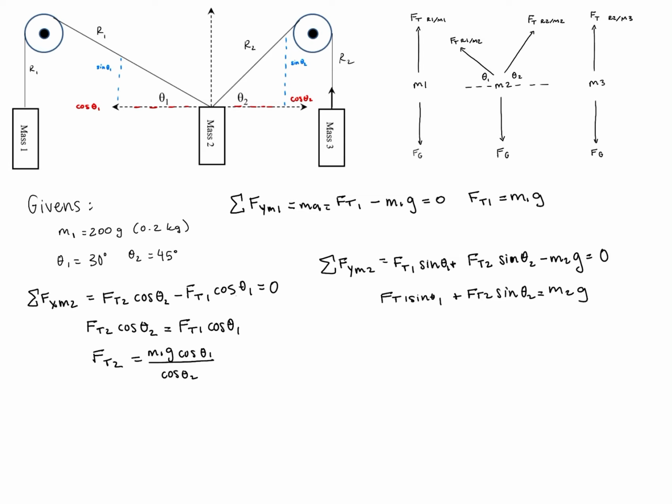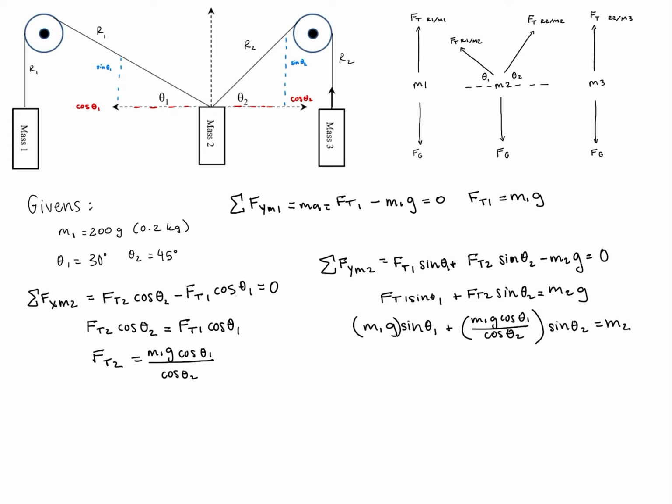So after that, we would have m1g, I'll put that in parentheses, sine theta 1 plus, for force tension 2, we have m1g cosine theta 1 over cosine theta 2 times sine theta 2 equals m2.